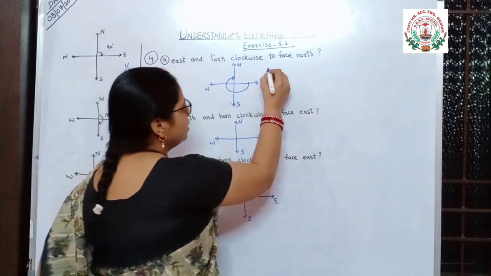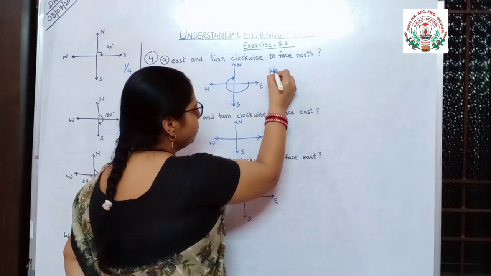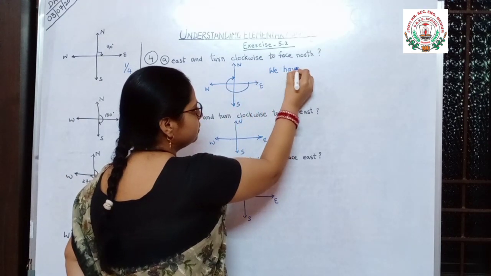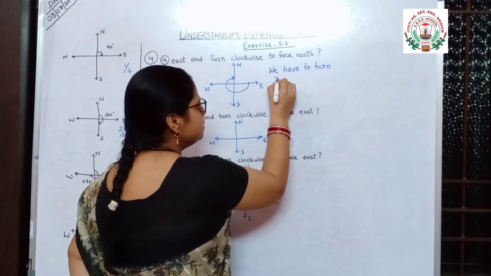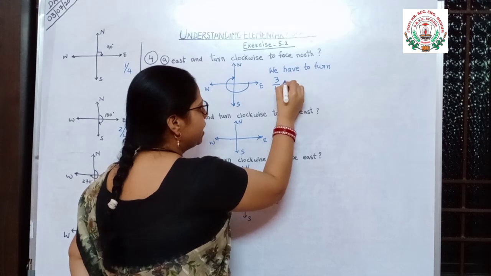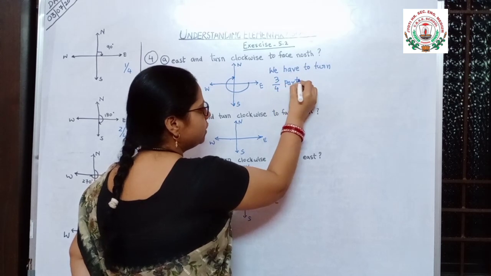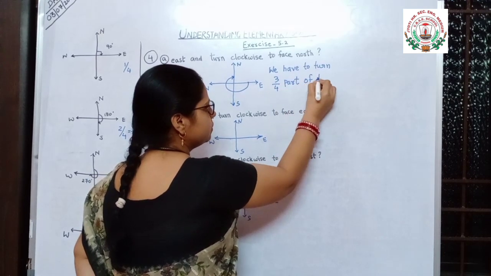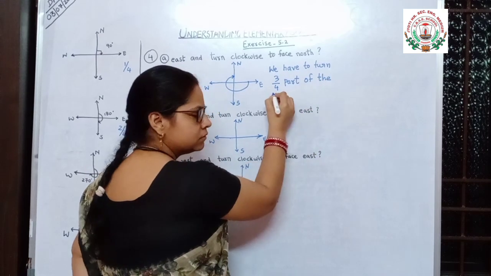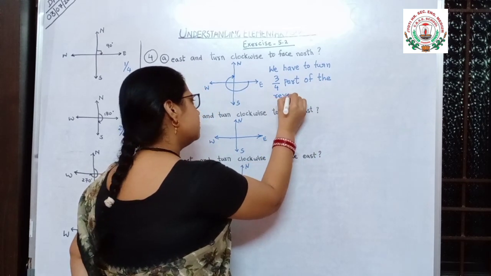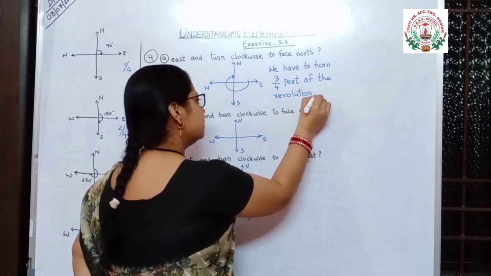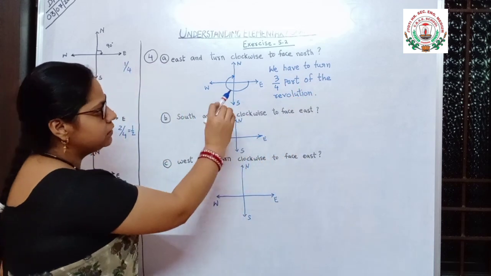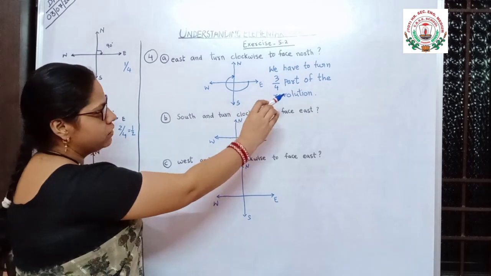So you will write here, we have to turn 3/4 part of the revolution.